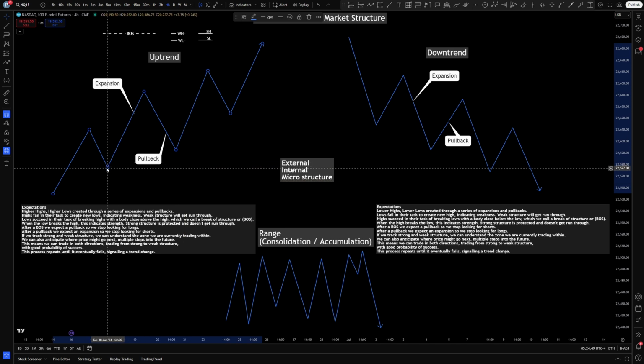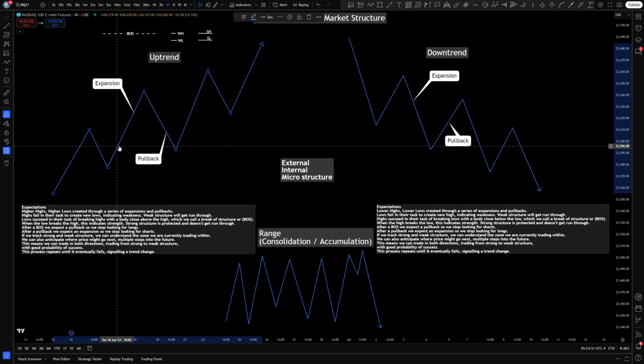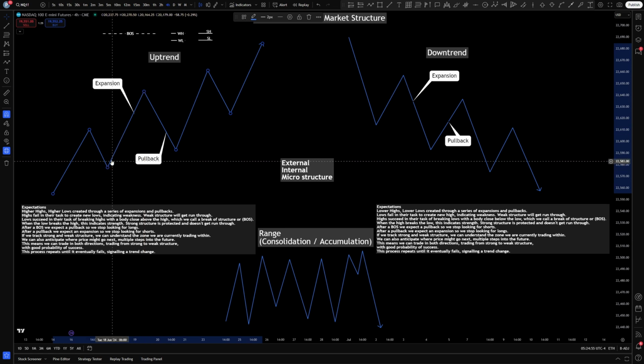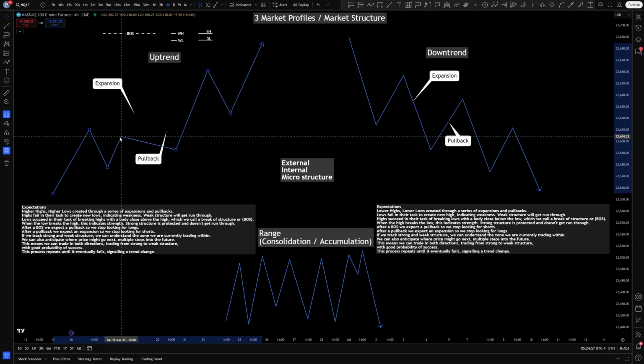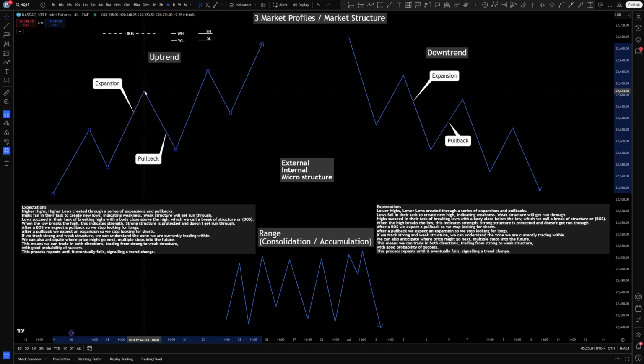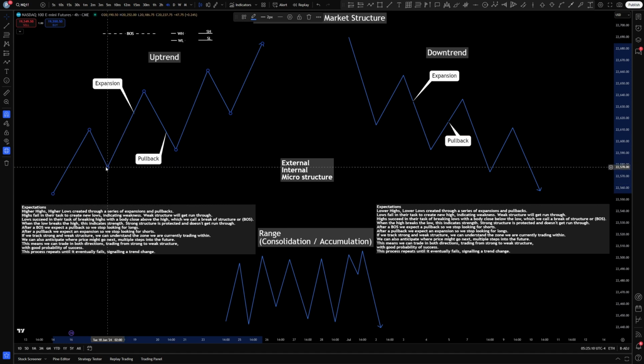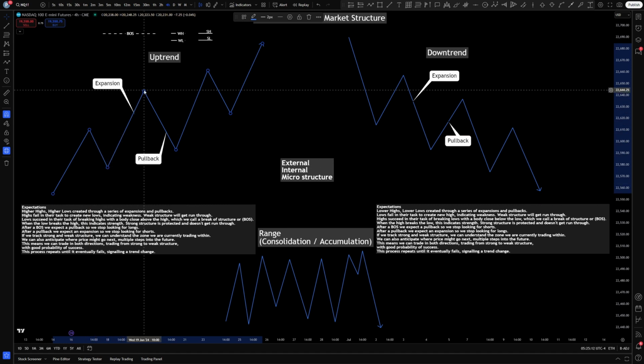And a low then should be doing what? Well, you guessed it, putting in a new high. And by new high, again, I don't mean a high here. I mean a new high, a higher high. So in an uptrend, the high is trying to put in a new low, and a low is trying to put in a new high.